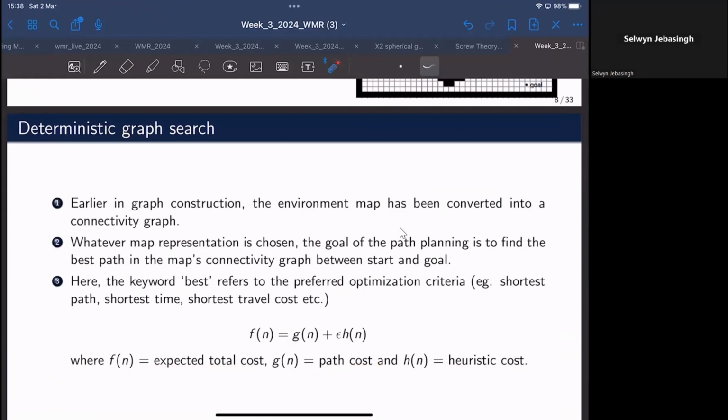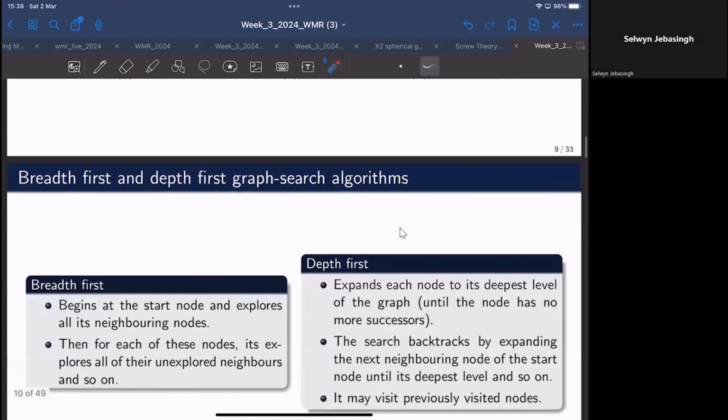We'll give a more detailed explanation of what these path costs and heuristic costs are. We'll also cover different graph searching algorithms that can have different behaviors of path costs and heuristic costs. And by simply adding the path cost and heuristic cost, you will get the total expected cost.